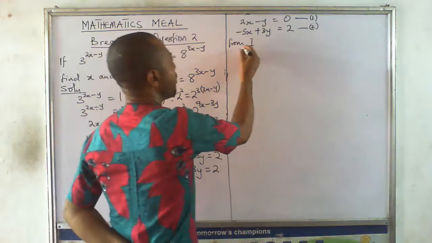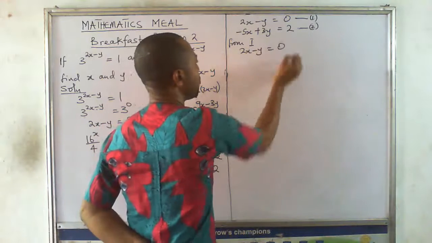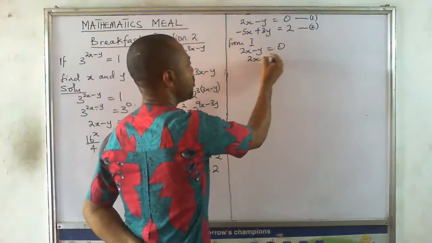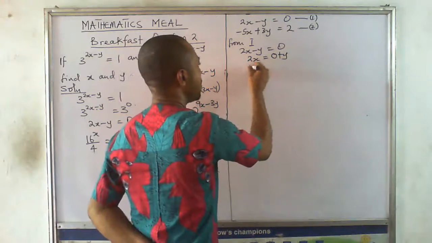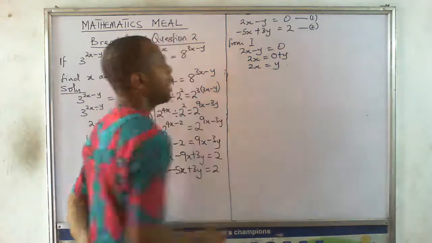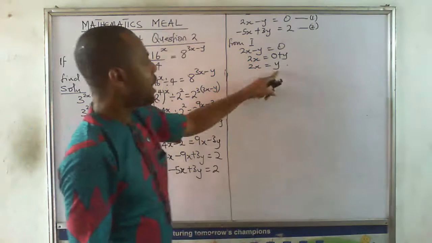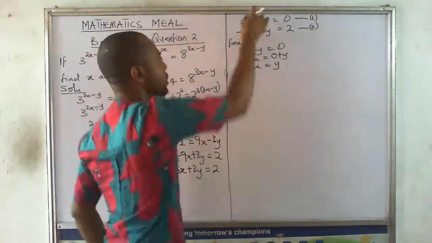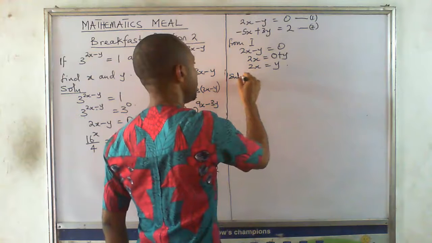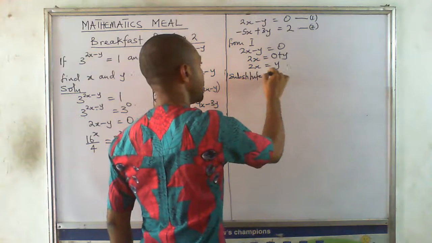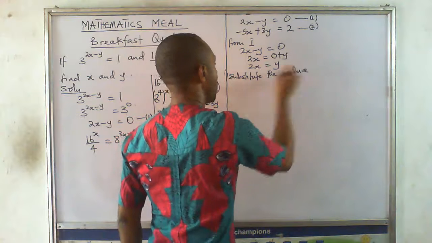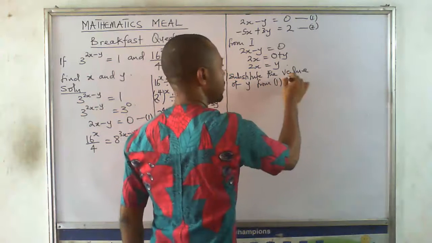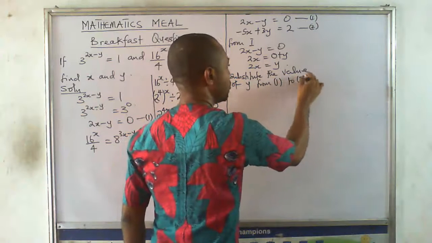Now from equation 1, we have that 2x minus y is equal to 0. That means if I make y the subject, 2x will give me 0 plus y. So 2x is y. So y is equal to 2x from equation 1. Let me substitute the value of y from equation 1 into equation 2.